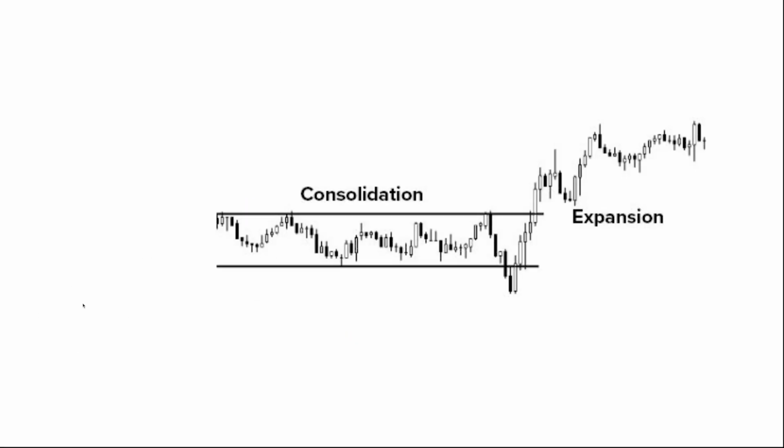So if we look at our example here, we're going to look at what's happening in an expansion. Well, we have our consolidation range, as we know from price ping-ponging back and forth between our conversation with the sellers up here and the buyers down here.